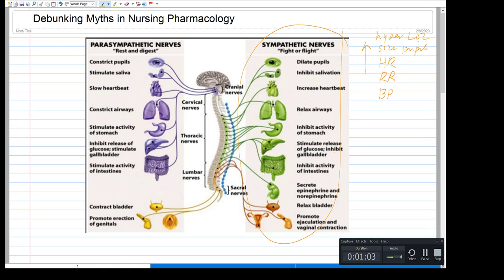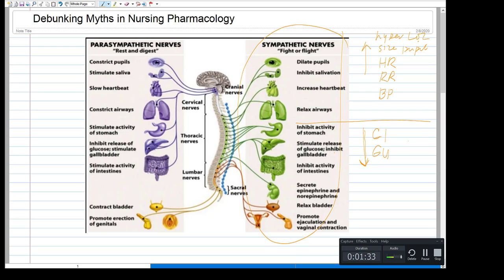And going down here, when it comes to the stomach, there will be decreased GI activity. Okay, decreased GU activity because of vasoconstriction. So your patient's tendency is to become constipated, and also patients will have decreased urine output.